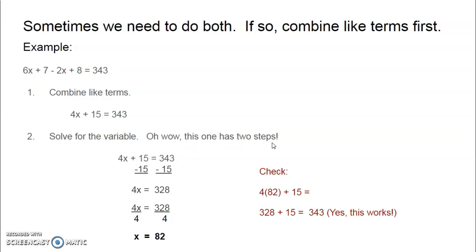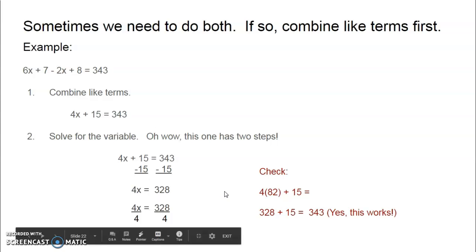All right, so this is the next thing about this last problem. This has 2 steps. Right, if that's the case, save your division step for last. All right, so you start by getting the variable on one side, the number on the other, and we do that by subtracting 15. So in this case, we're left with 4x equals 328. And then you do what you know to do, right?